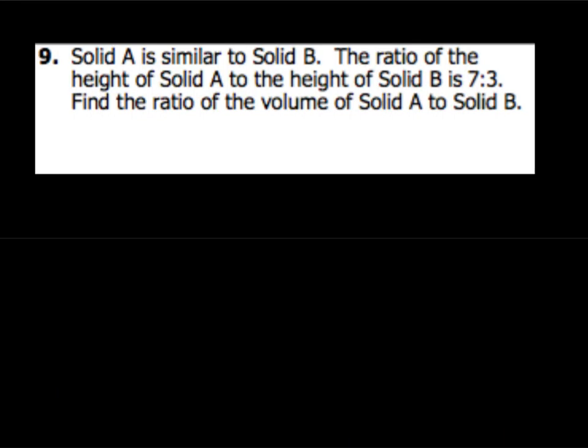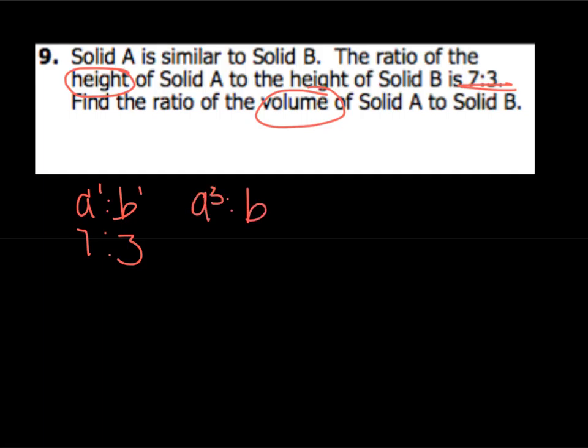Word problem, you gotta love it. But what you want to do is you want to circle keywords. Okay, so we're given the height ratio, which is our linear measurement. So that's your a to the first power, b to the first power, and so that's 7 to 3. And it says find the ratio of the volume. And so volume we know is a to the third power, b to the third power.